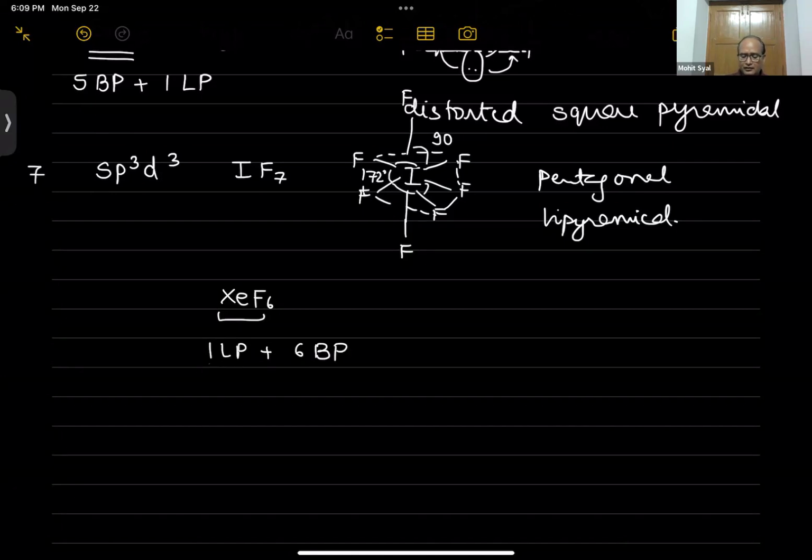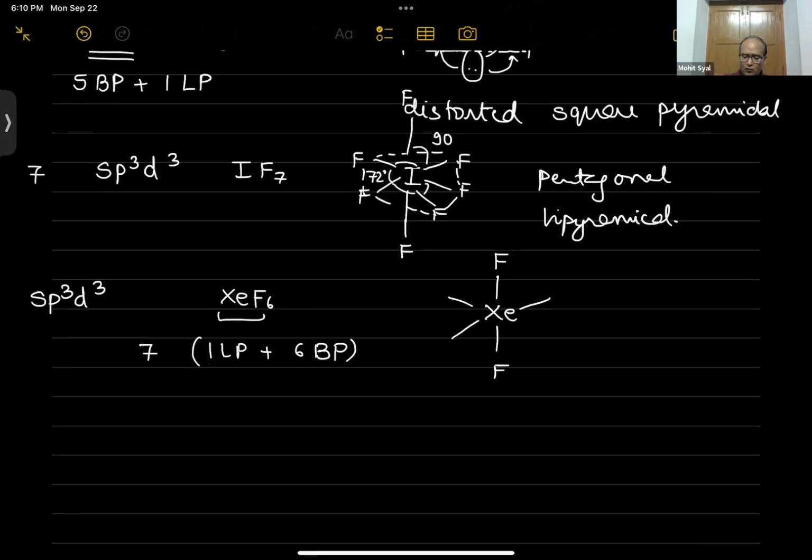Is it clear? And this is the same as steric number 7, sp3d3 hybridization. But where should we put the lone pair? There is actually a slight change in it.